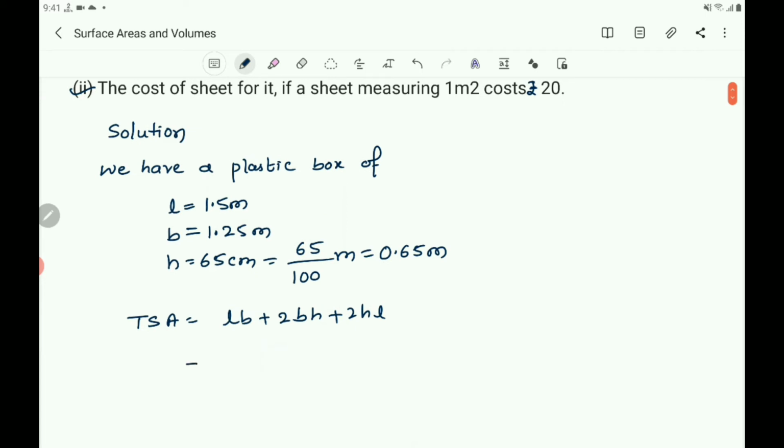Then you write: here L is 1.5 into 1.25, then plus 2 into BH, B is 1.25 into H is 0.65, plus 2 into HL, H is 0.65 and L is 1.5.